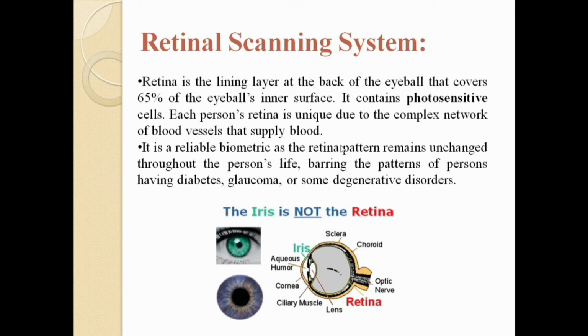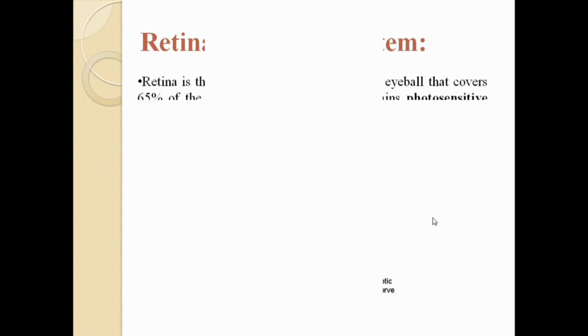It is a reliable biometric as the retina pattern remains unchanged throughout a person's life, barring the patterns of persons having diabetes, glaucoma, or some degenerative disorders. It's a rare case. If someone has this sort of disorder or disability, the retinal portion of the eyes can change. Otherwise, it will be unique.